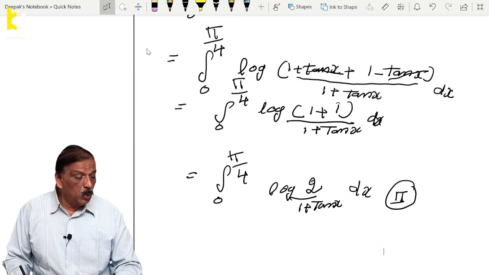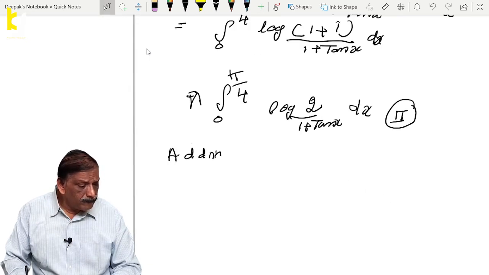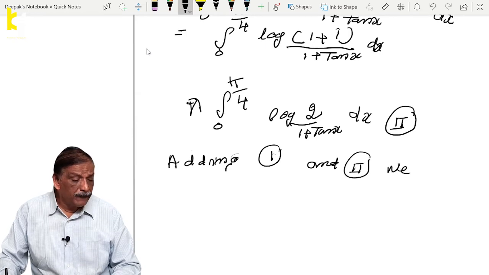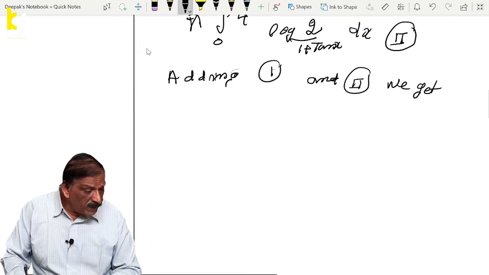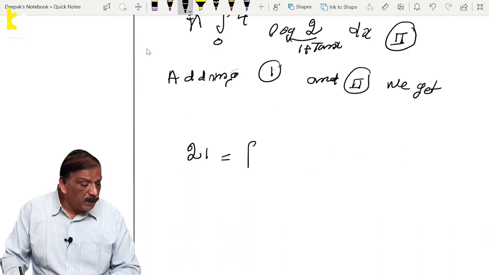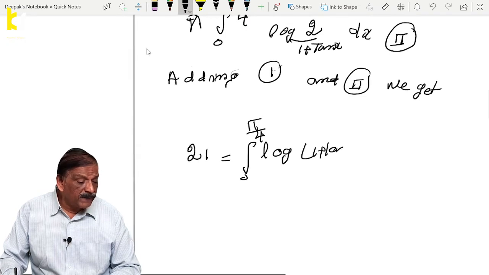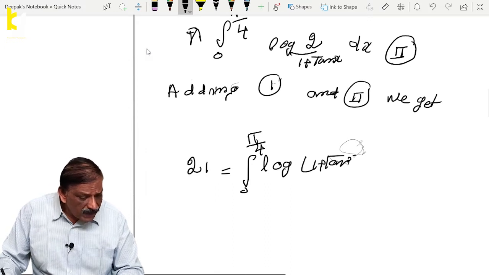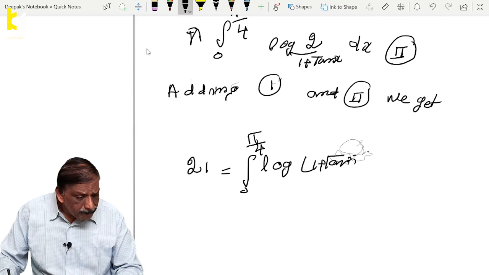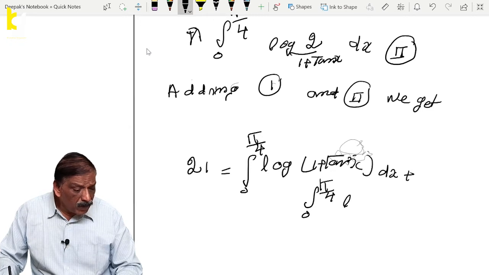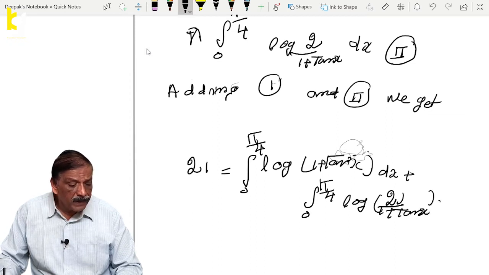Adding equation number 1 and equation number 2, we get 2I equal integral 0 to pi by 4 log 1 plus tan x dx plus integral 0 to pi by 4 log 2 by 1 plus tan x dx.